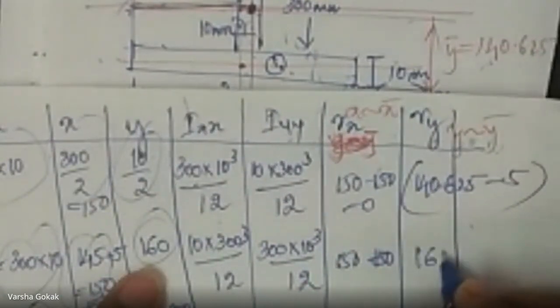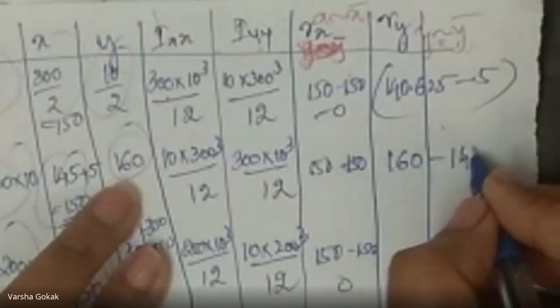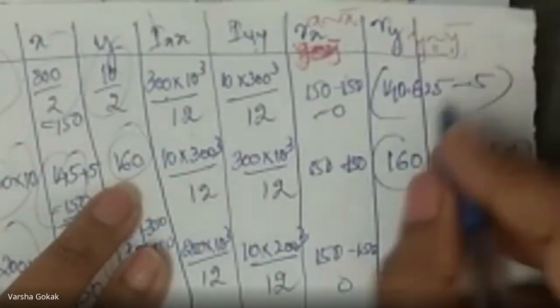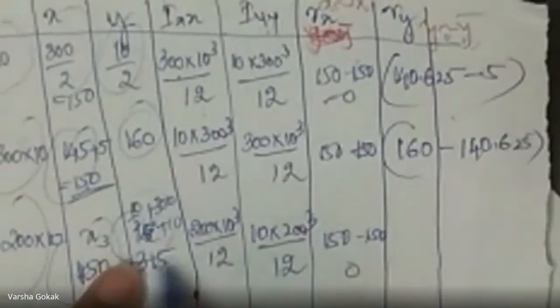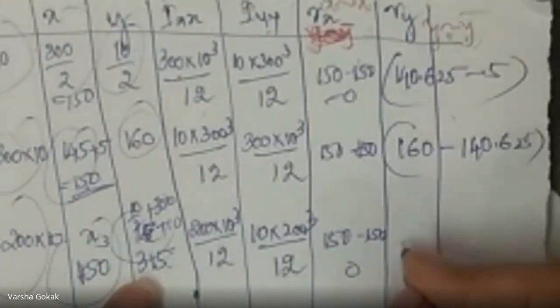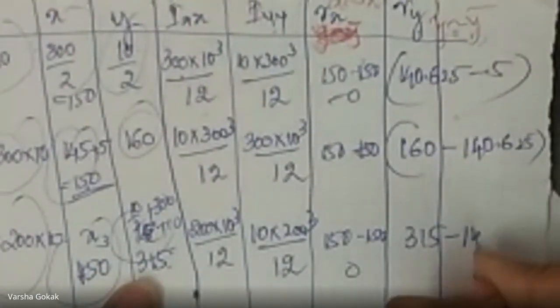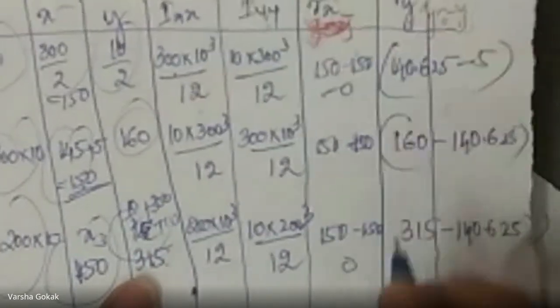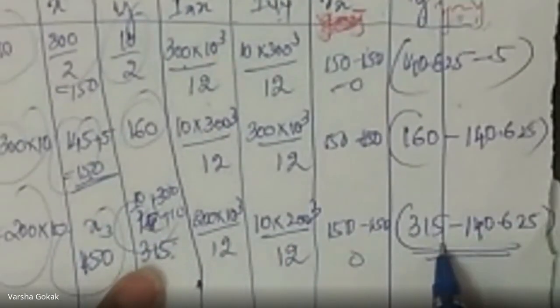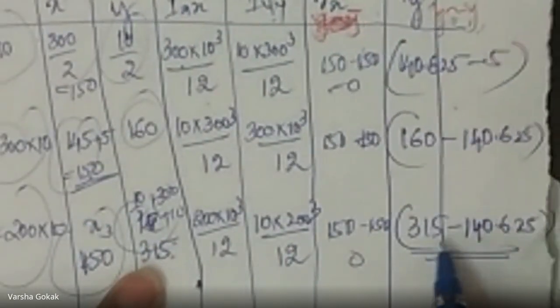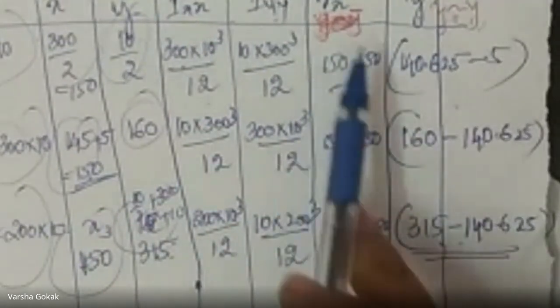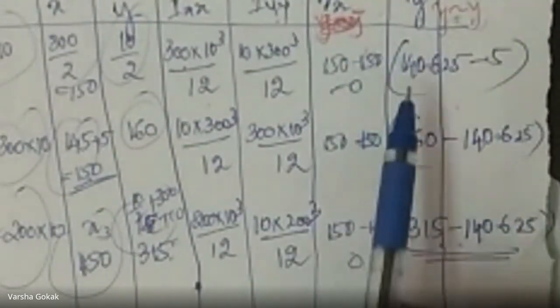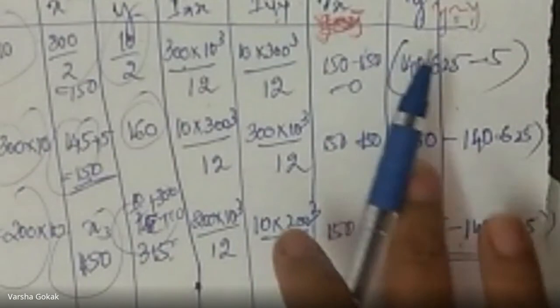So next I take 160 minus 140.625, the difference of the two. And here this is 315, so 315 minus 140.625 is the third element. So you can either get only Rx and Ry, sometimes we will need to square it also. So this is about the table.